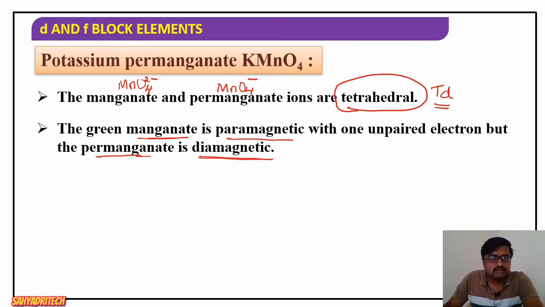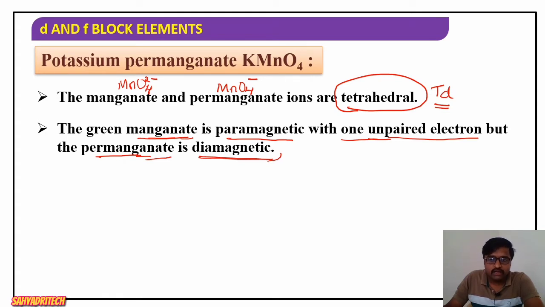The manganate ion is paramagnetic with one unpaired electron present, while the permanganate ion is diamagnetic.